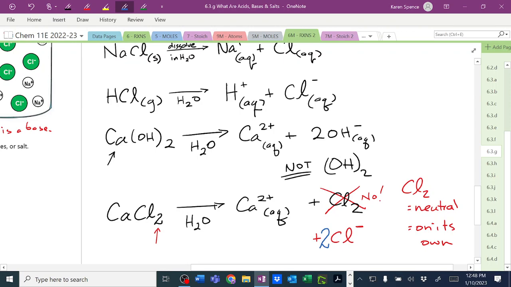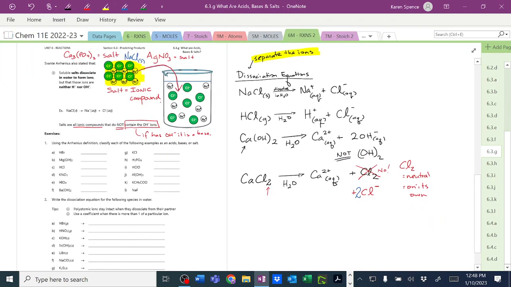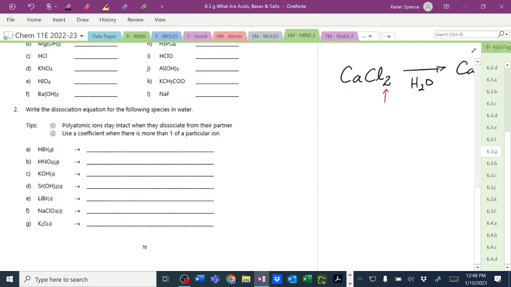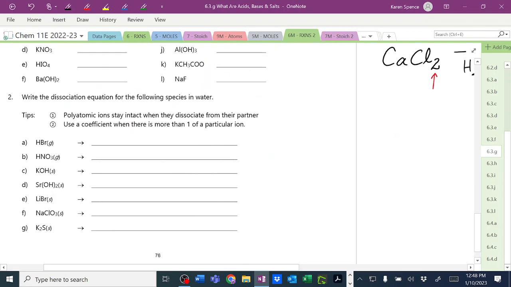So just take a few minutes and try the questions on this page here, okay? Classify things as either acid, base, or salt, and then write the dissociation equations for these guys here. Keep your polyatomic ions together, okay? Polyatomic ions don't separate out into N's and O's and things like that.